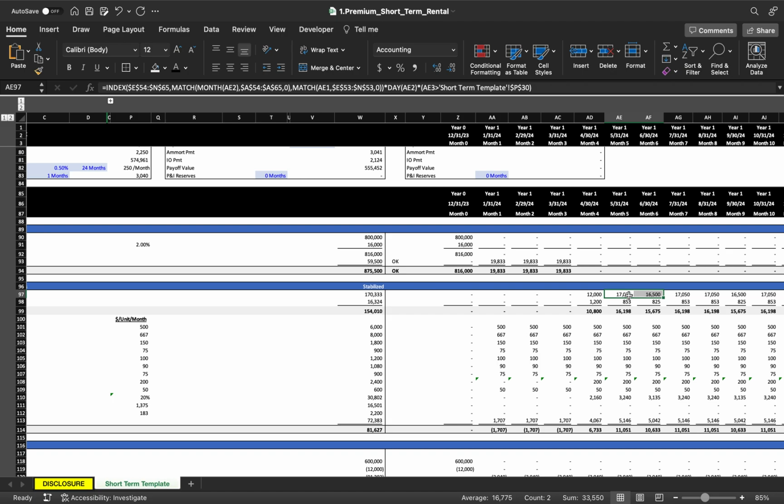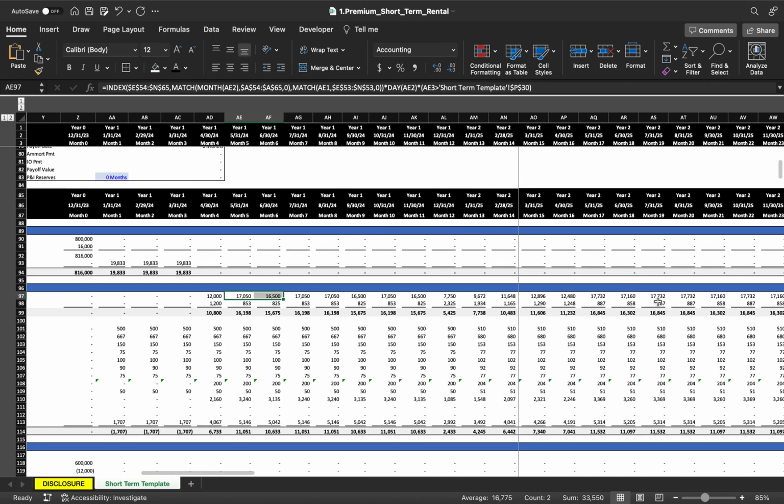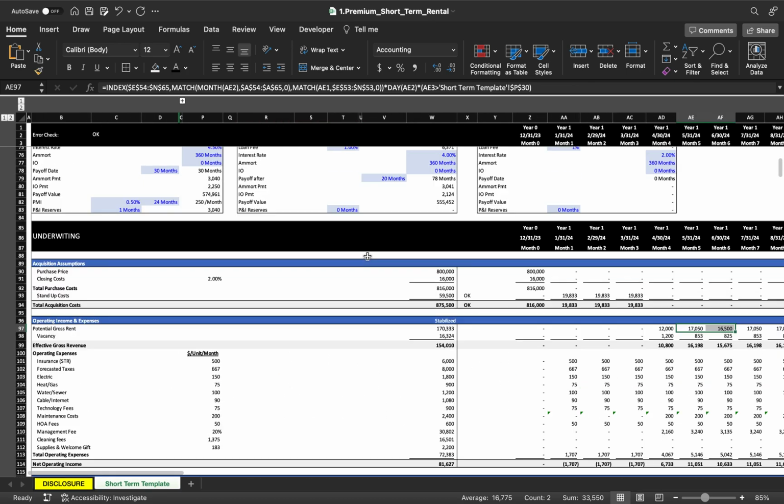And that's how we try to make it as accurate as possible. And then same thing underneath, the vacancy is higher in May than it is in June because there are more days in May than there are in June. And that goes across the board, so each month has its own average daily rate based on the seasonal breakdown and the days in that month.